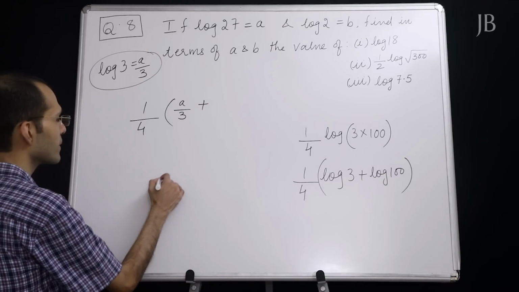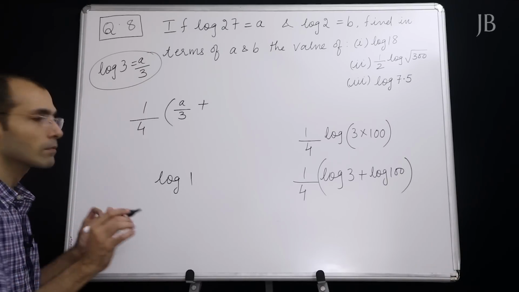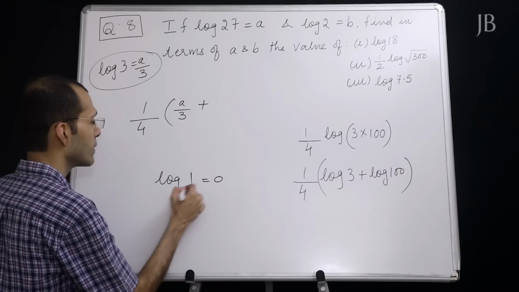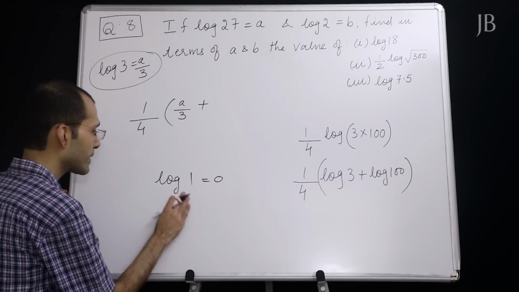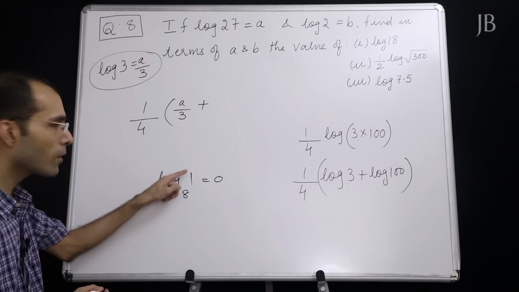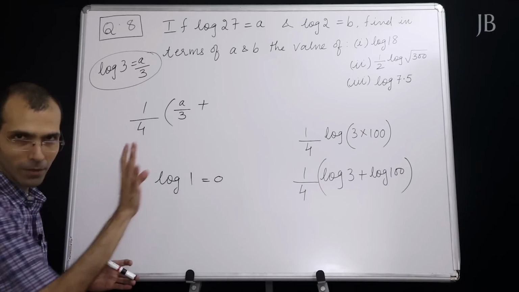So remember these things. Log 1 is always 0. Whichever base you take, even if you take the base as 7, 7 raised to 0 is 1. If you take the base as 8, 8 raised to 0 is also 1. So log of 1 to any base is always 0.